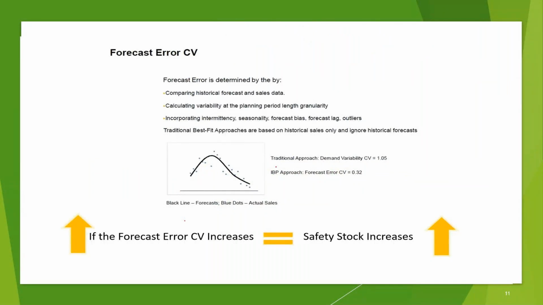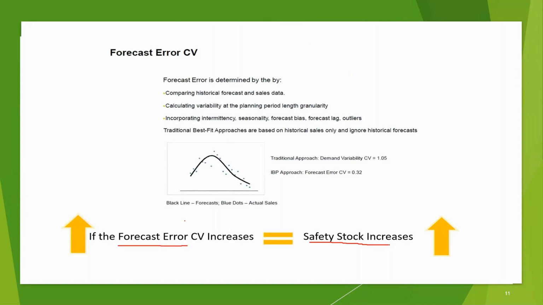So first, we were talking about the forecast error CV. Definitely if the forecast error increases, the safety stock also has to be increased. We need to keep more safety stock in order to fill the demand which would be coming up. This is part of the demand variability. There are different kinds of variabilities: one from the demand perspective, another from the supply perspective.